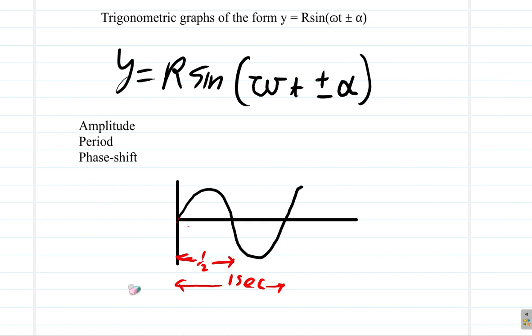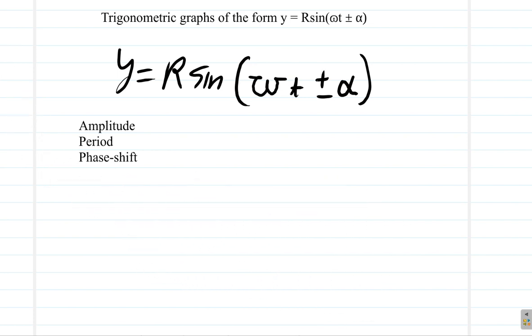Now, t usually would represent time, right? But this is the way that this equation is written generally in physics, right?